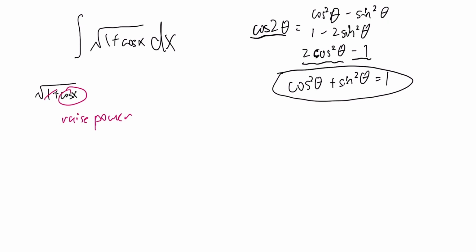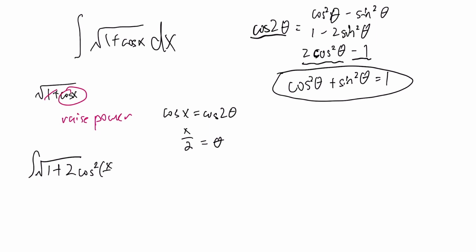So let's apply this. First, matching the form, we want our cosine of x to be equal to cosine of 2 theta. That means our x over 2 must be theta. So plugging this back into the integral, we have the square root of 1 plus 2 cosine squared of x over 2 minus 1, where this form matches this form right here, and then dx.